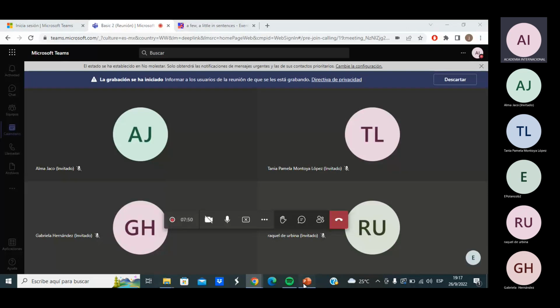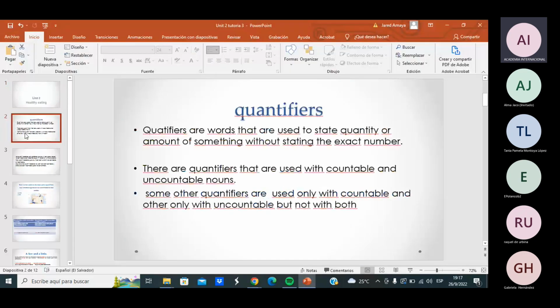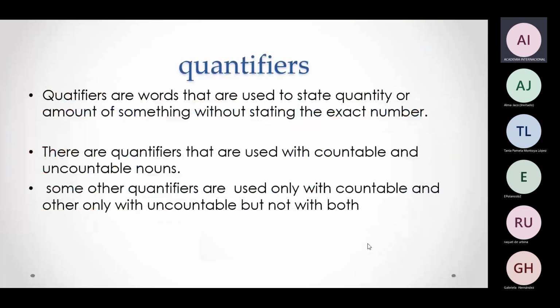Okay, and this is something that we read last time. Esto es algo que leímos la vez pasada, ¿verdad? Quantifiers are words that are used to state quantity or amount of something without stating the exact number.